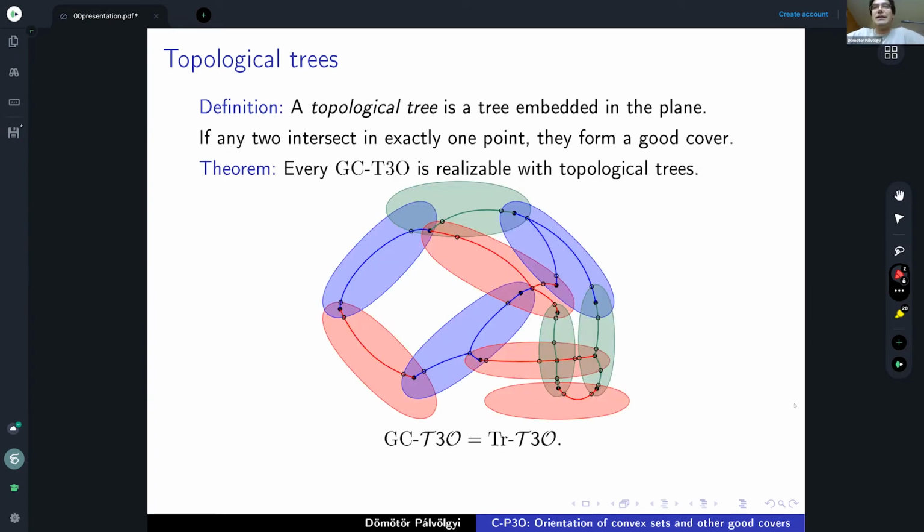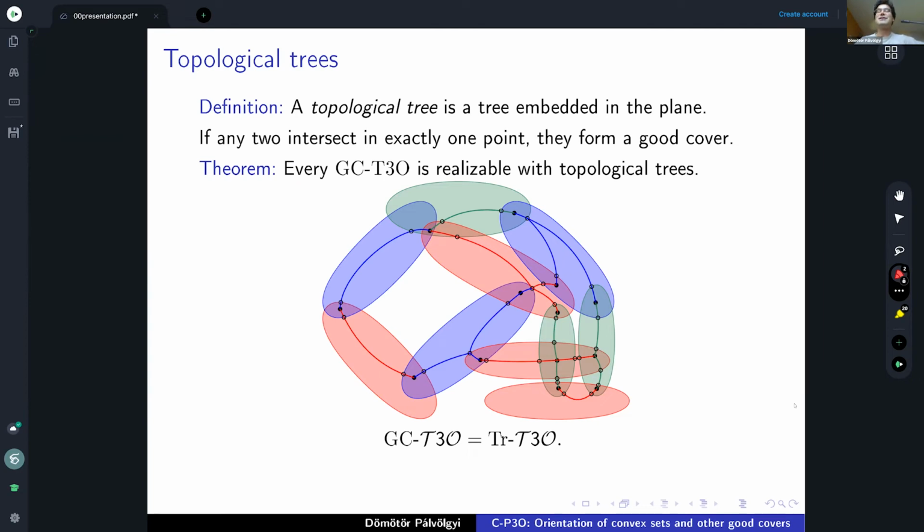And we could show that every T3O that comes from a good cover is realizable with topological trees. So don't be confused by this figure here. Not any two sets intersect, so this is not pairwise intersecting. This is just a picture from the proof. It shows the basic idea of how we do it. And also if I drew any two sets intersecting, then the picture would be very, very messy.